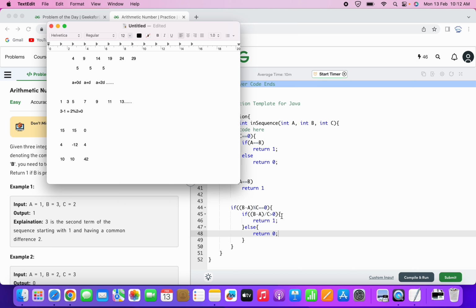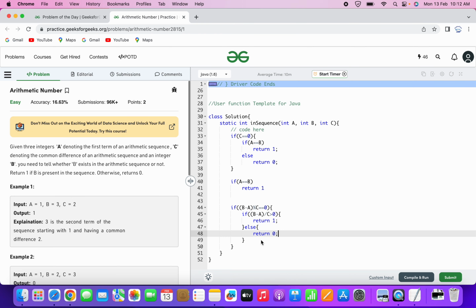So here we have to check that if we are getting a positive number, then only this is part of that arithmetic series, else we have to return 0. And if this is also not the case, that it is not divisible by C, then here we can directly return else return 0.